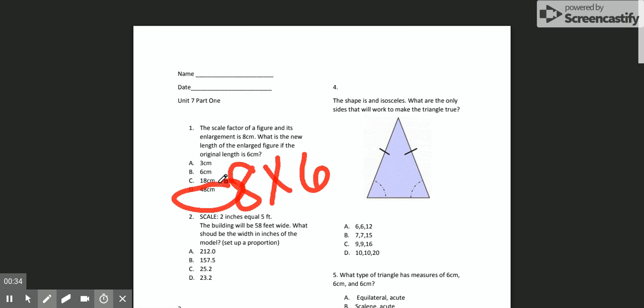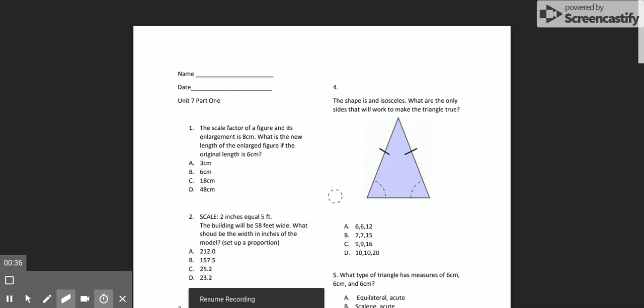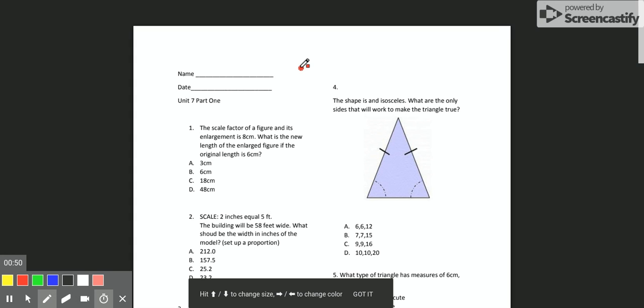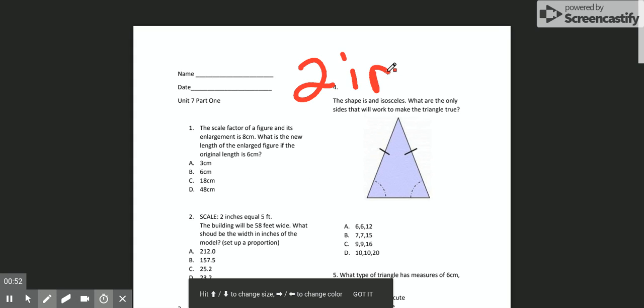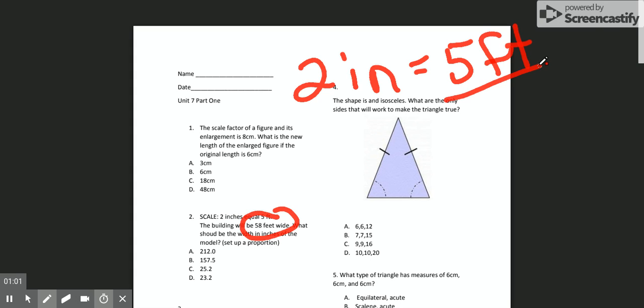Number two, scale is 2 inches equals 5 feet, and it says the building will be 58 feet. What's the width? So we set up our proportion, and we do 2 inches equals 5 feet, and we've got 58 feet here.